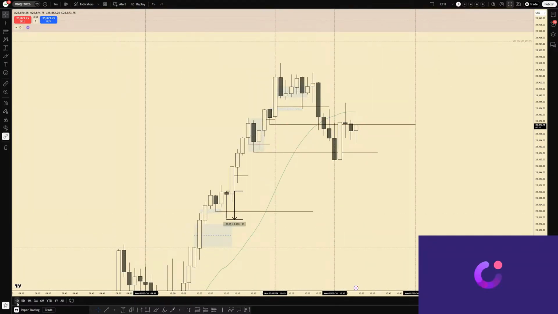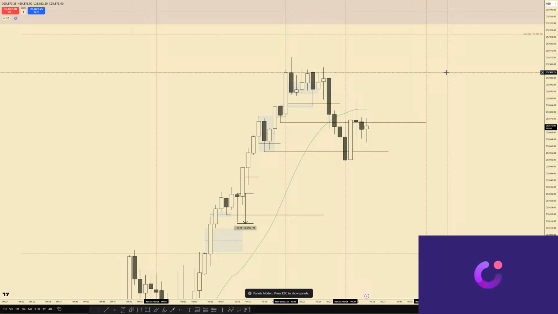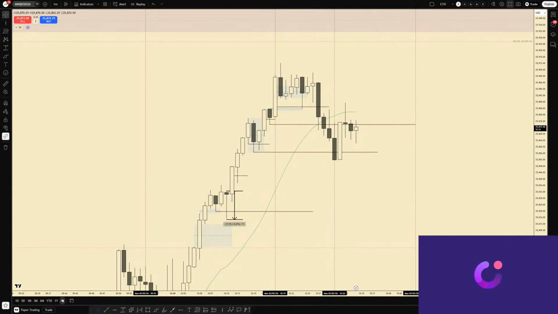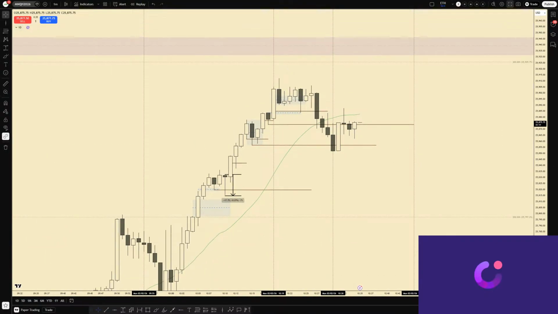Let me calculate it real fast. Oh, I can't calculate it. Something is wrong with my computer. Just a second. $140 was the risk, and we made the risk zero immediately by scaling out.